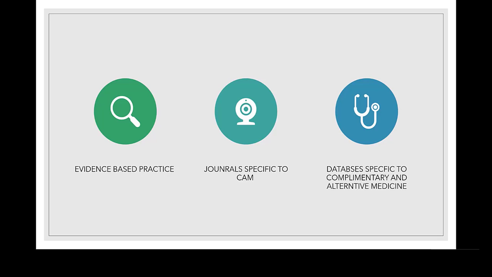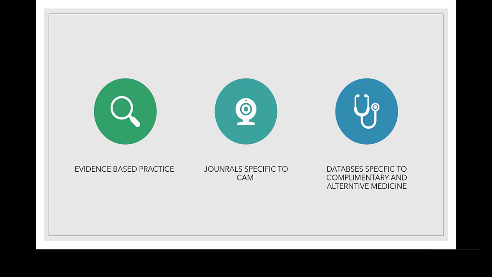Also, the databases we have been using during the class can be helpful for researching complementary and alternative medicine. PubMed specifically allows you to filter your search for complementary medicine. You just have to go through the subject and refine it there.